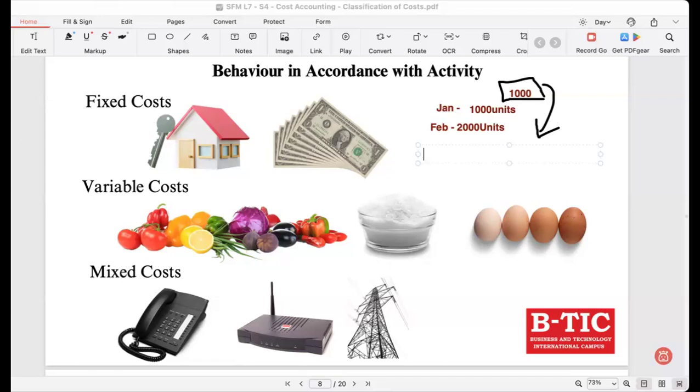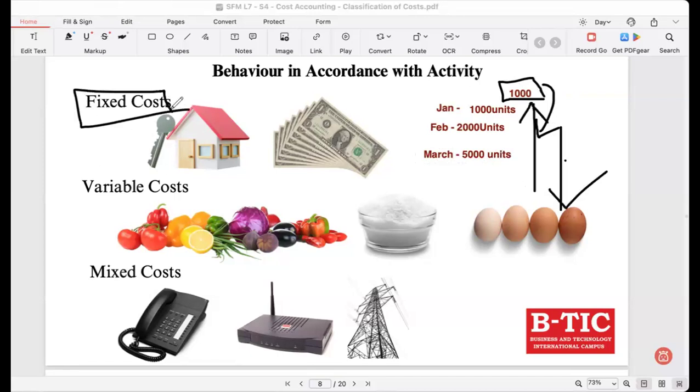In March, you produced 5,000 units. Does it mean that you're going to double the rent? No. So no matter what happens, even if the production units increase or decrease, fixed cost remains constant.